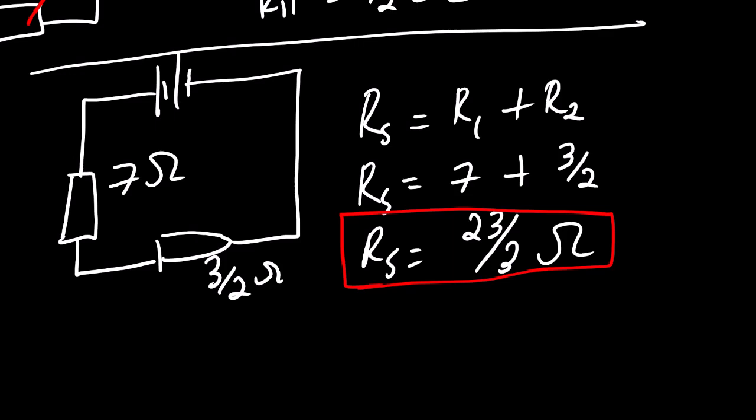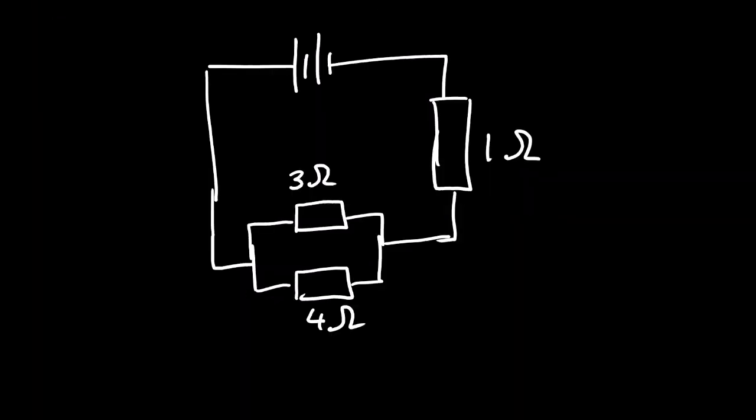Let us look at another example. Looking at this example, in order for us to identify the series connection and the parallel, we need to look at the direction of the current. So we can see that before these two resistors we have a junction, so we can confirm that the two, they are parallel.